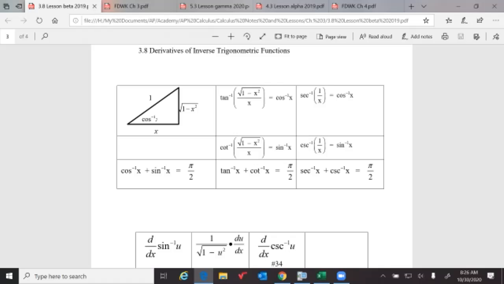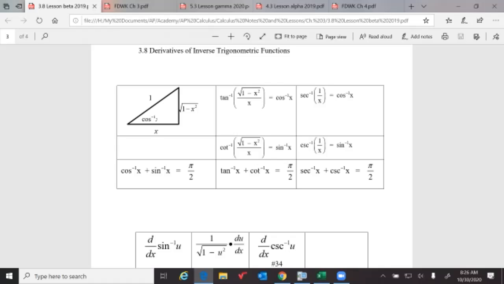Don't let me lose you. This is algebra 1: add a negative sign and the inverse sine of u to both sides. So to get the derivative of this side, you differentiate this side.